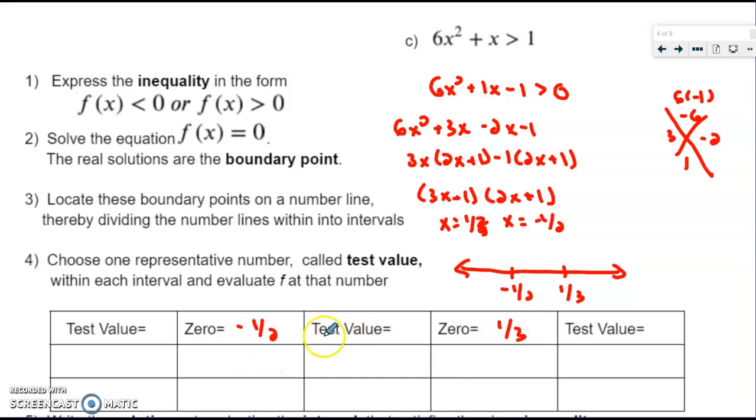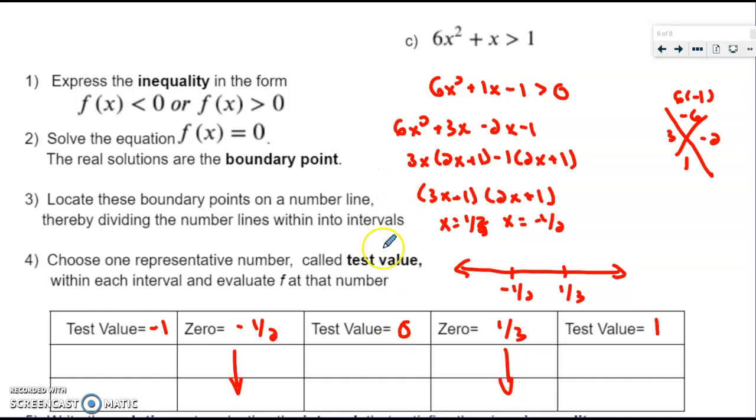I'm going to choose a value in between negative 1/2 and 1/3, which is 0. And then I'm going to choose negative 1, and we'll choose 1, and plug those into this inequality to see what makes them true.